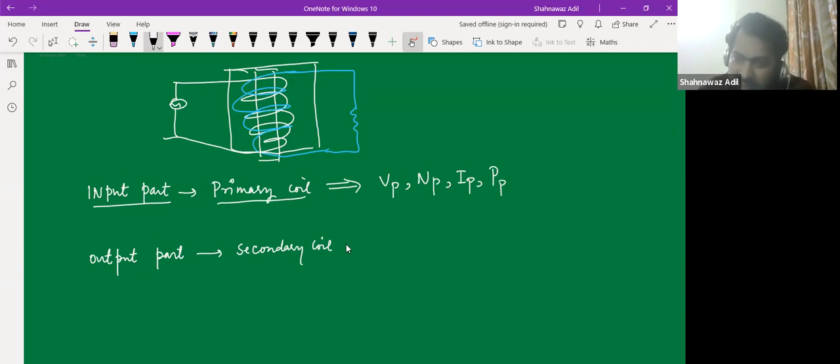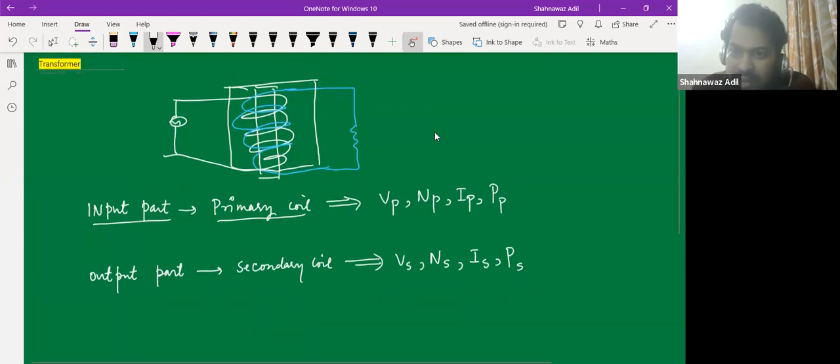In the secondary coil, we have voltage in the secondary coil, number of turns in the secondary coil, current in the secondary coil, and then power in the secondary. So these are the parameters that define the primary and the secondary coil.